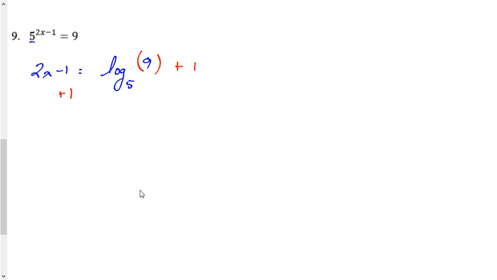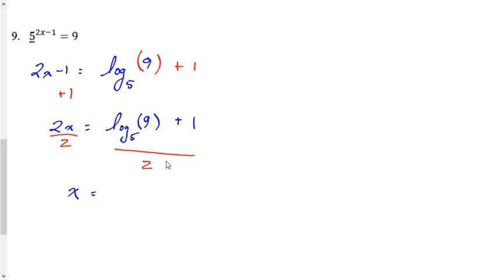So at this point, I have 2x is equal to log base 5 of 9 plus 1, and then we can undo this multiplication by dividing both sides by 2. So I could leave my expression as it is, where I have 2 in the denominator of the whole thing, or I could divide each of these two terms by 2.